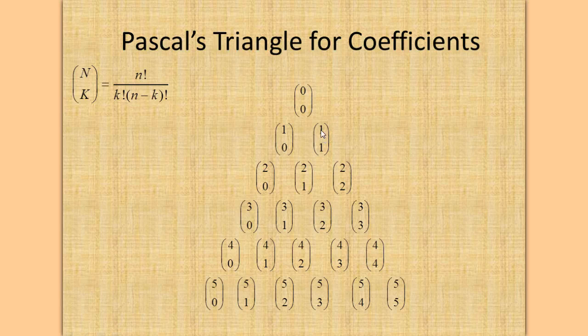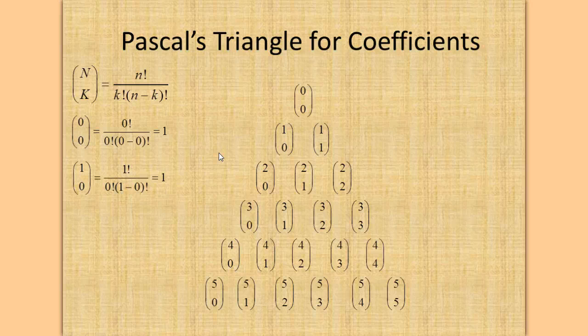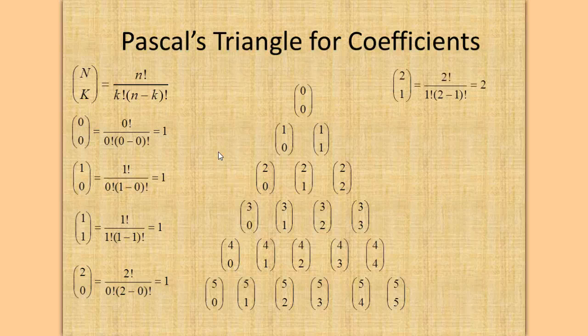And 1 over 1, when n is 1 and k is 1, that comes up to 1. So all of these endpoints come up to 1 on the right side, and all of the endpoints on the left come up to 1. And the internal parts give you what your coefficients should be, as we see here.